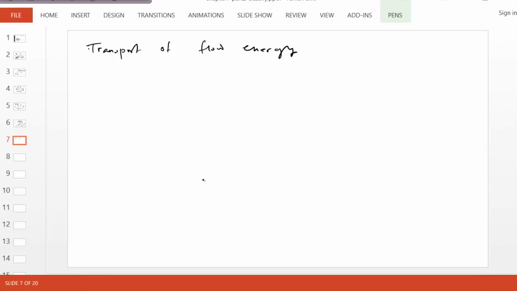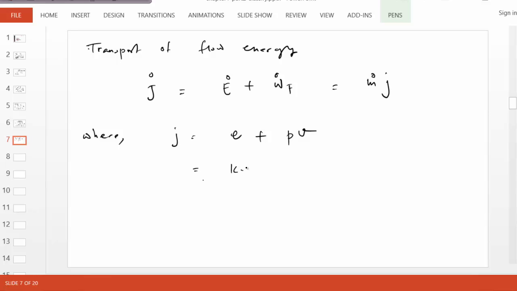The symbol will be capital J dot, which is E dot plus W dot flow, which turns out to be m dot times J, where J equals E plus PV. We already know what E is: KE plus PE plus EU, right?